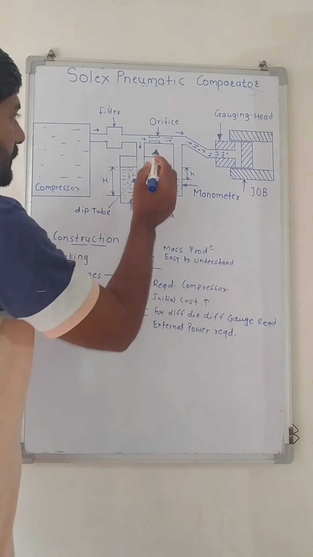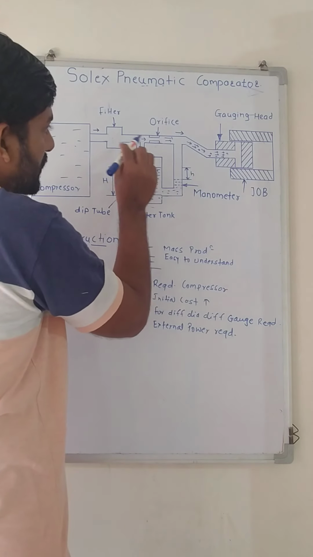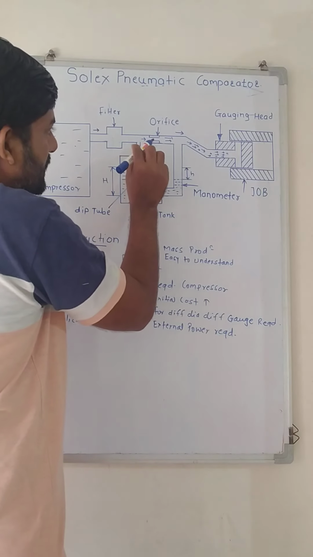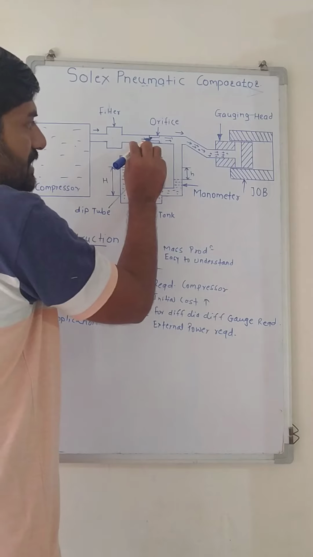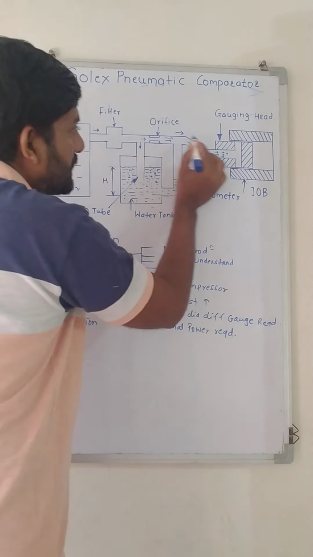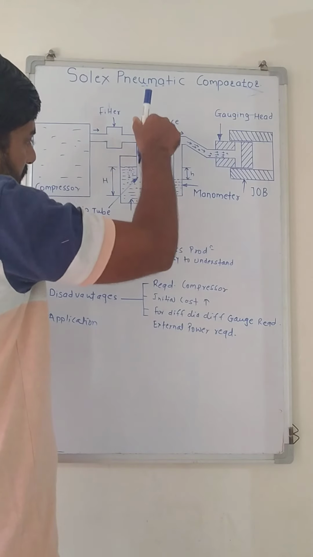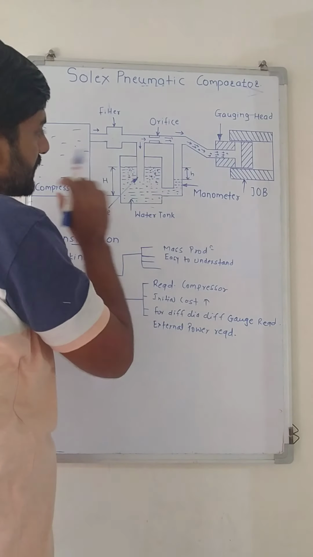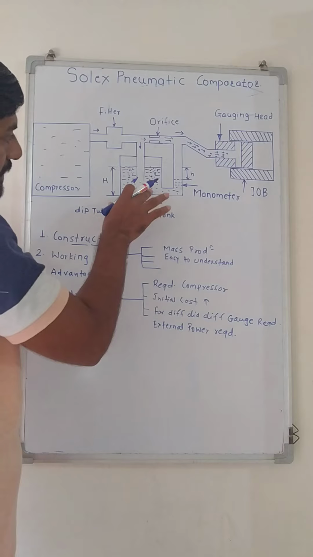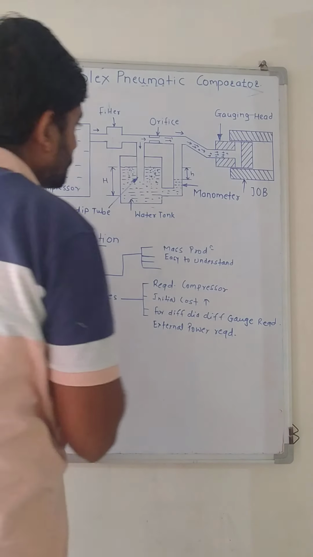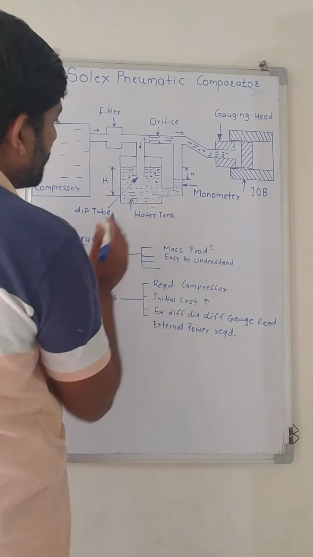Let us see here. Whatever air is coming through the filter, because of the restricted area, it exerts some pressure here, so pressure falls and velocity increases. Because of that, some of the air passes through the dip tube into the water tank, and it acts with pressure on the water.